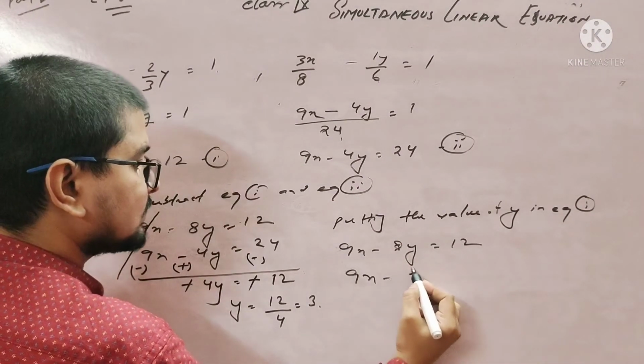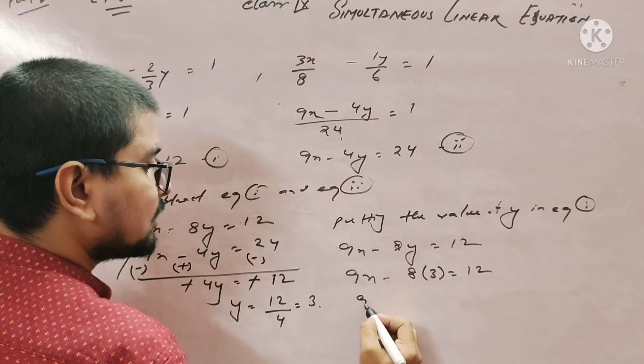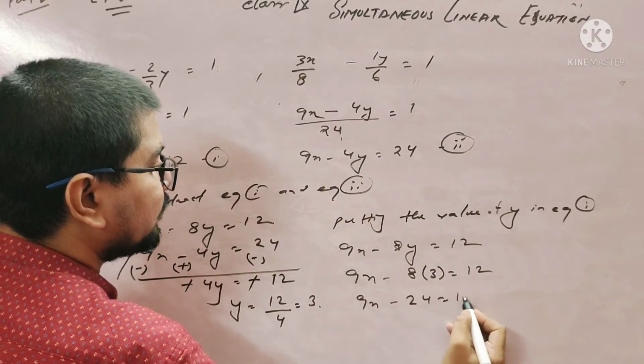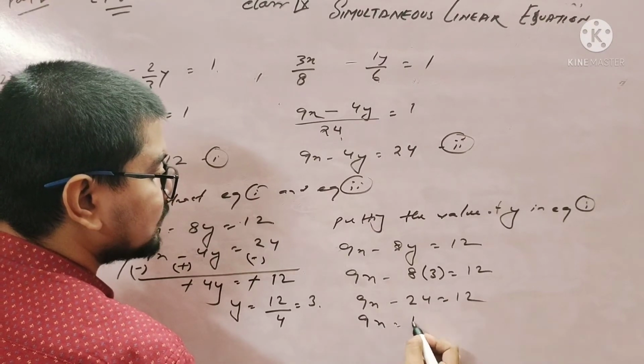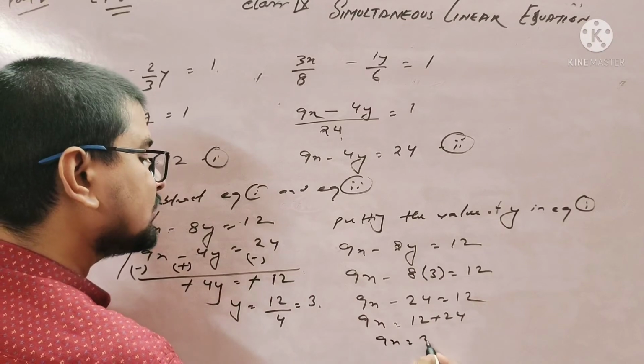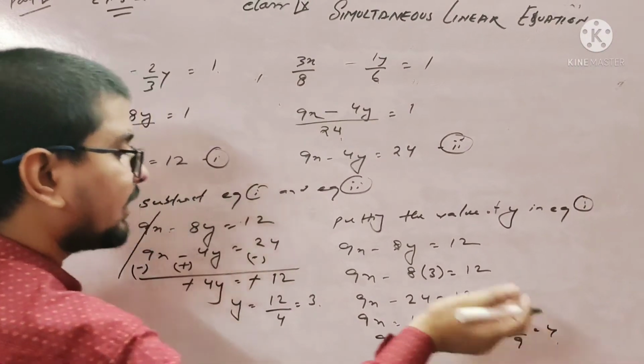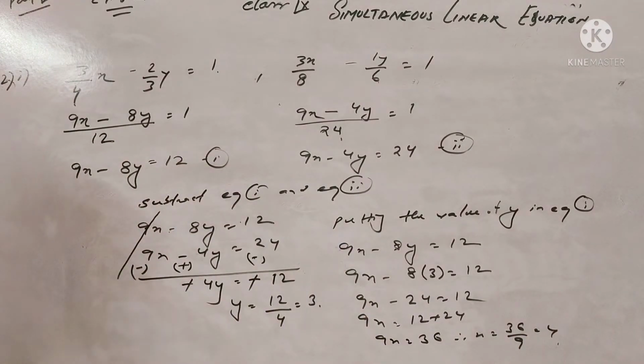So 9x minus 8 times 3 equals 12, so 9x minus 24 equals 12. So 9x equals 12 plus 24, 9x equals 36. Therefore x equals 36 upon 9, that is 4. So the value of x is 4.